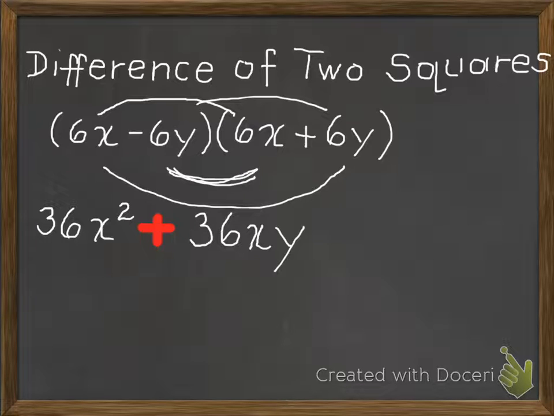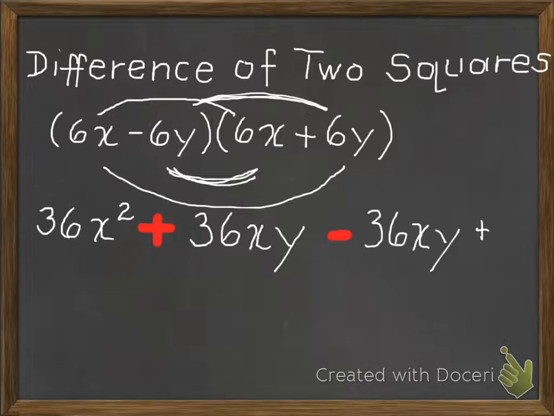We have 6x times minus 6y. Those are opposite signs. Plus times a minus is a minus. So we're going to get a minus 36xy. And then the last times the last here is minus 6y times plus 6y.